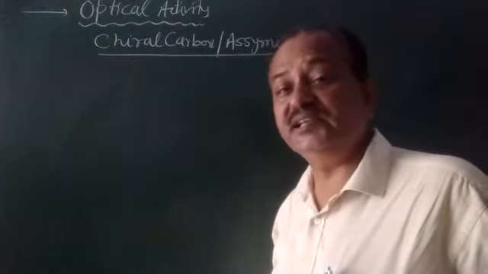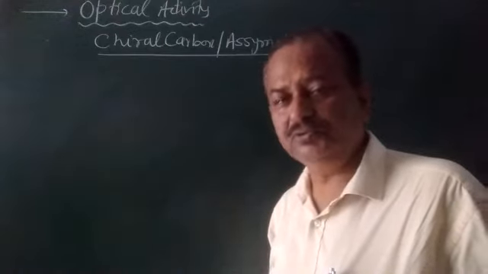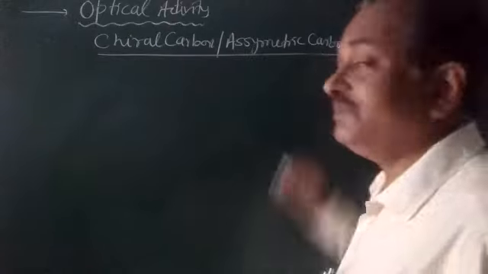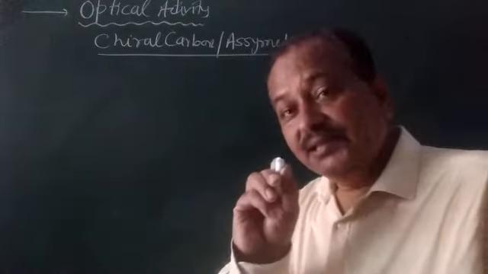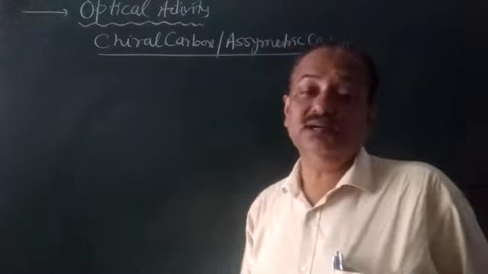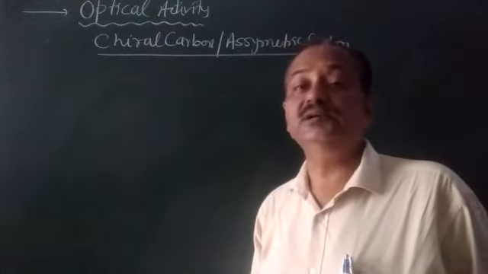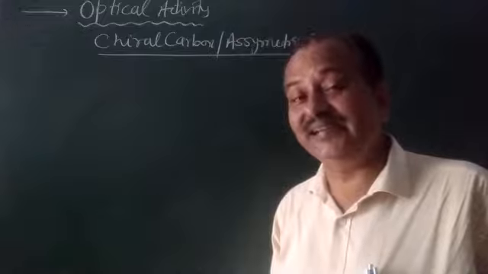Some persons may say chiral carbon, so it is up to you. It is also called asymmetric carbon. The property or the nature of the carbon is called chirality.